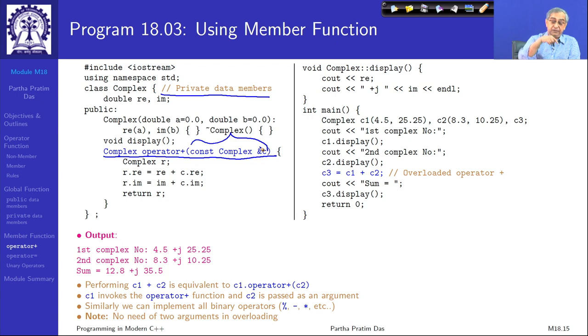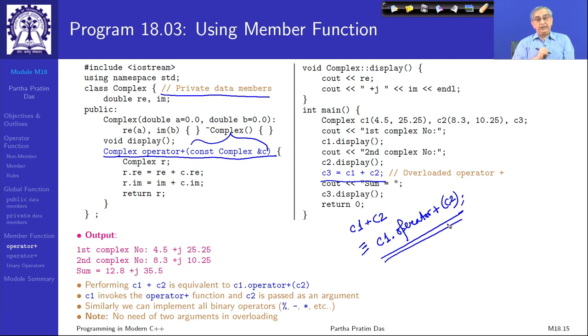The left parameter is the object on which this is getting called, because when I write C1 plus C2, it means C1 dot operator plus C2. This is what it actually means. So, this is where C2 will come, and C1 is the left hand side operand, which is the object on which the call is being made. So, these are components of C1, the current object.